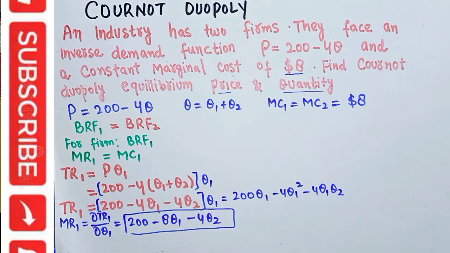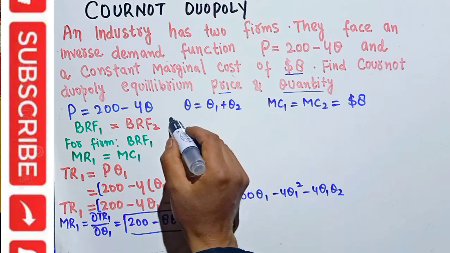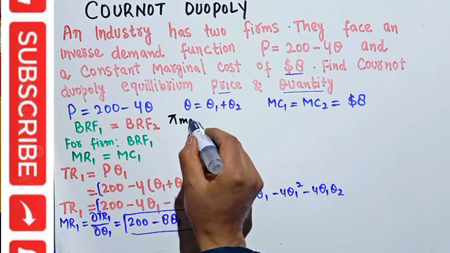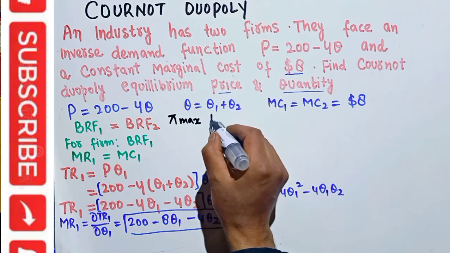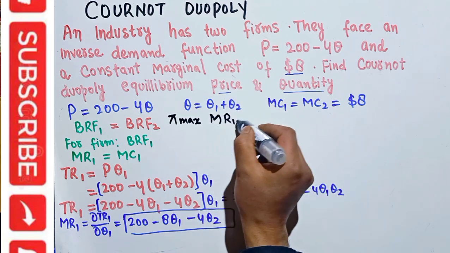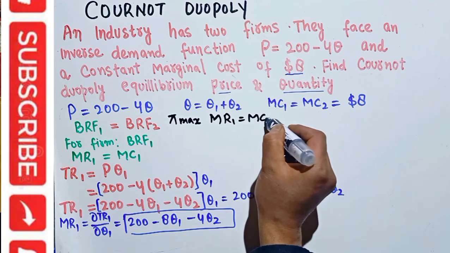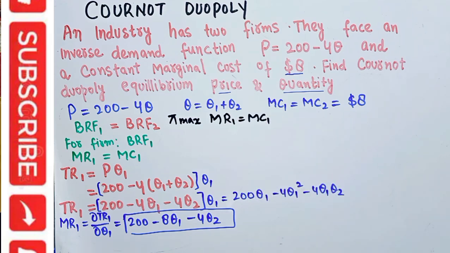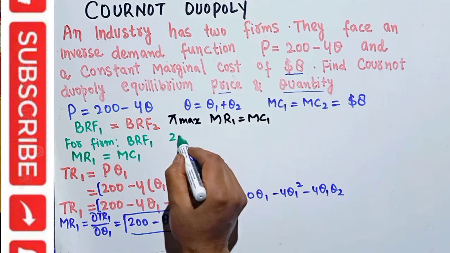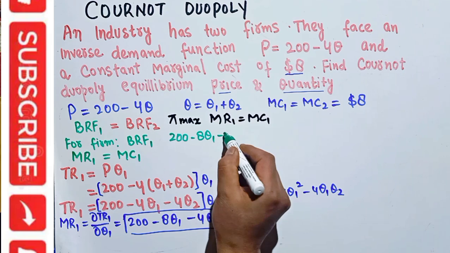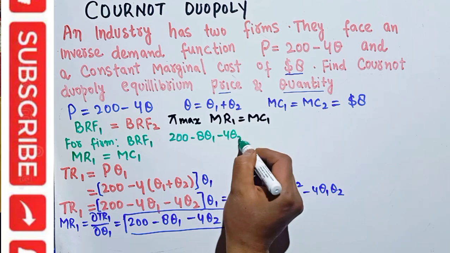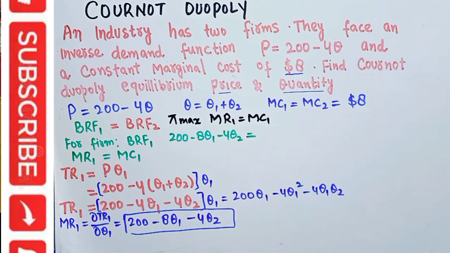Okay, if this is the marginal revenue of firm 1, profit maximization will require that we equate the marginal revenue of firm 1 with the marginal cost of firm 1. Now we calculated the marginal revenue as this function, that is 200 minus 8Q1 minus 4Q2, and what is the marginal cost of firm 1?